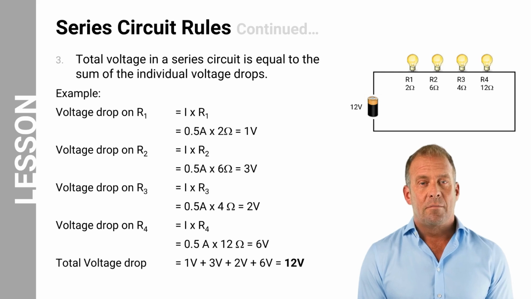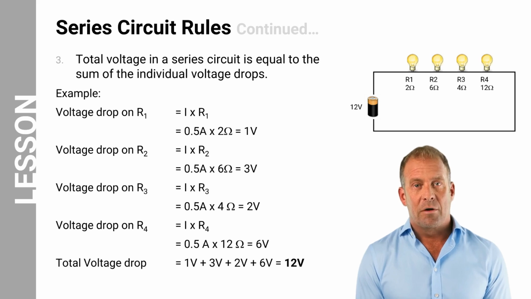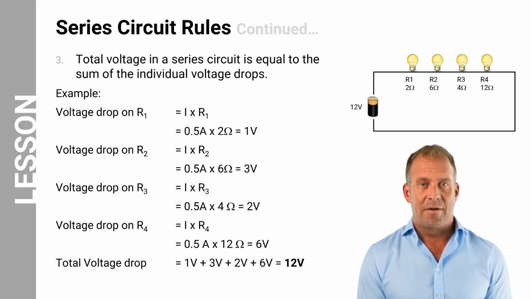The third fundamental rule of series circuits states that the total voltage across the circuit is equal to the sum of the individual voltage drops across each component. Let's illustrate this using our previous example. With a current of 0.5 amperes flowing through each resistor, we can calculate the voltage drop across each one using Ohm's law. For R1, the voltage drop is 0.5 ampere times 2 ohms equals 1 volt.